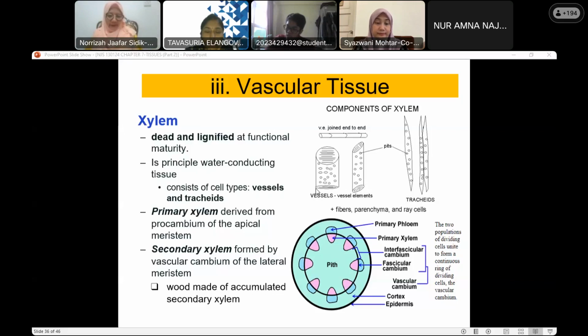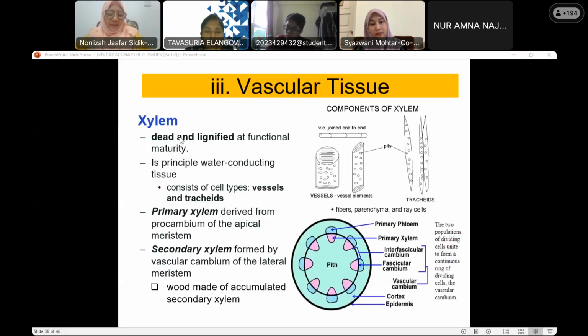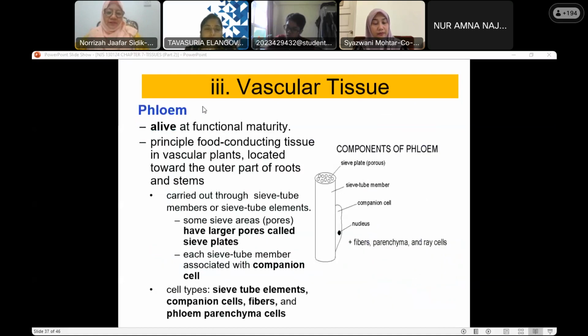Okay, and then phloem. If we compare xylem and phloem, the xylem is dead and lignified at maturity, whereas phloem is alive at functional maturity. That's the difference. The phloem is the principal food conducting tissue in vascular plants, carried out through sieve tube members or sieve tube elements.